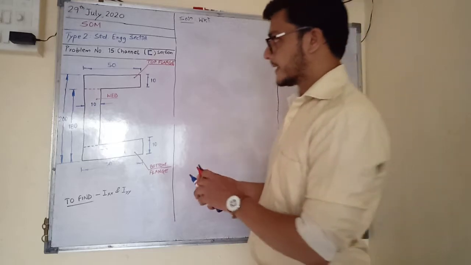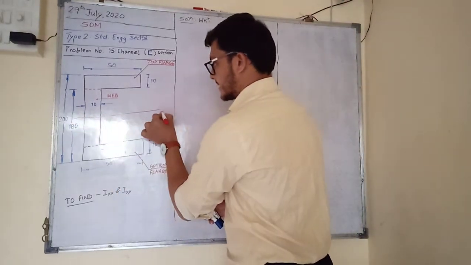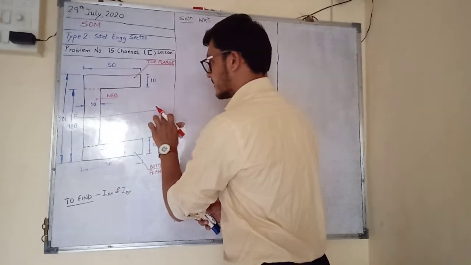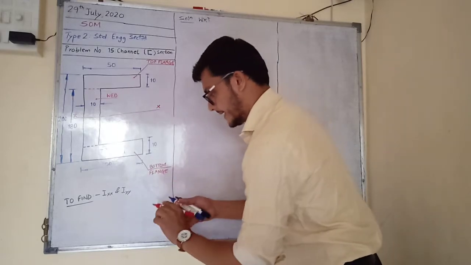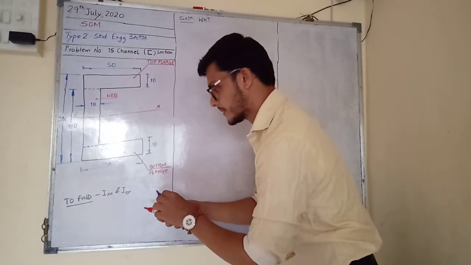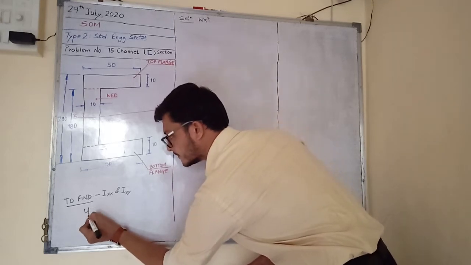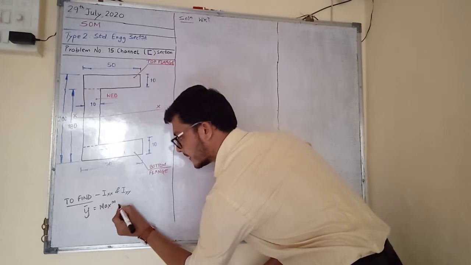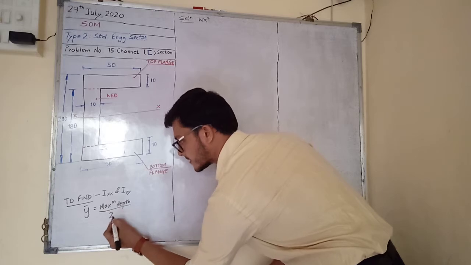So we can see clearly this figure is symmetrical about this axis, x axis. So we can calculate y bar directly. If you want to calculate it, I am telling you, y bar will be equal to half of the maximum depth.